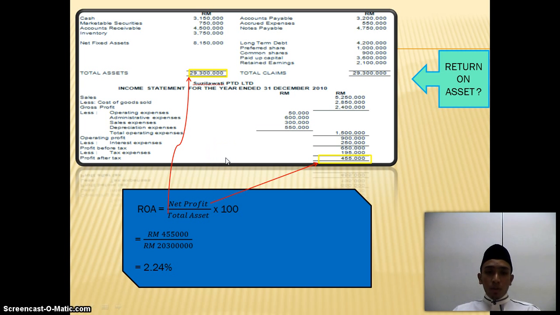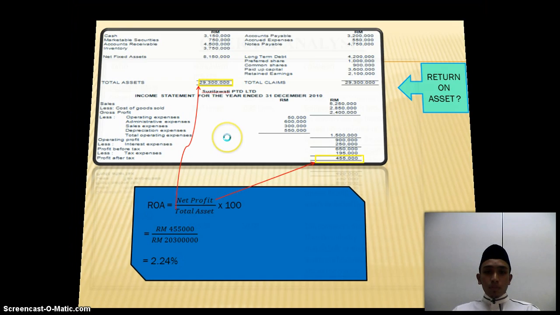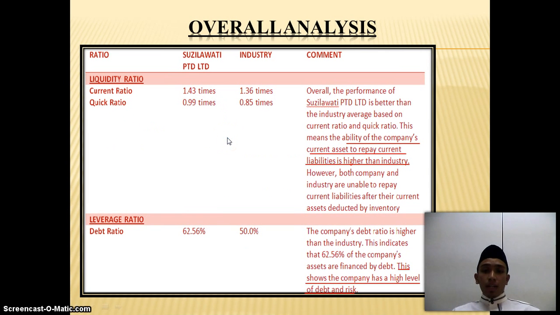So next we continue with the overall analysis. This analysis is about how we comment based on the calculation that we calculated for the company and compared to the industry. For the current ratio and quick ratio under the liquidity ratio, from this table we can see that the performance of Suzilawati is better than the industry average based on current ratio and quick ratio.